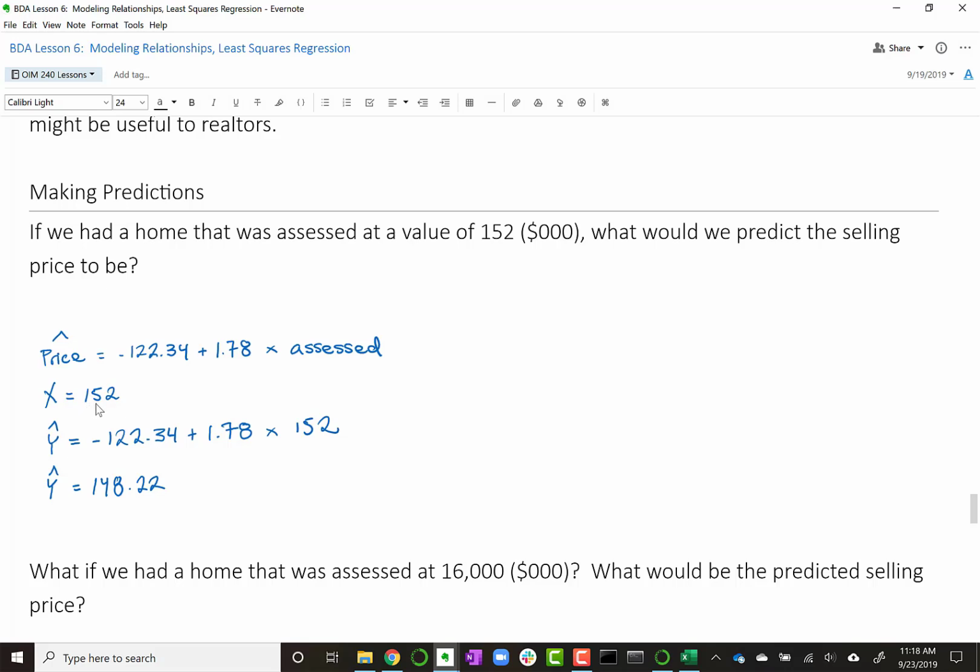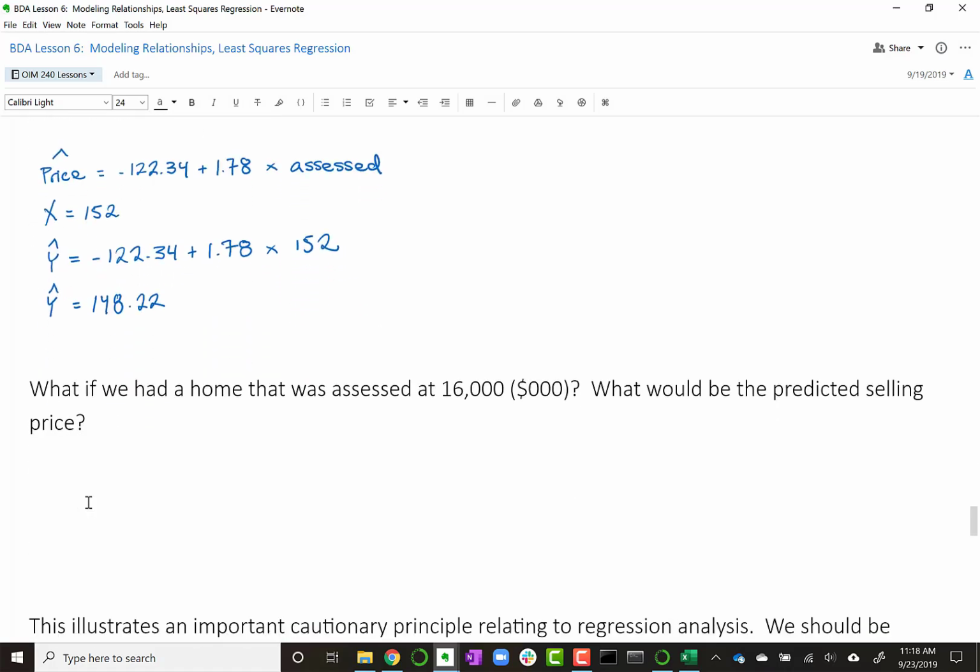And we have no observation for the selling price for this home because it hasn't happened yet. So let's predict it with the model. Calculating that out, we just plug in the 152 right here, and the predicted price is 148.22, and that's again in terms of thousands of dollars. So that's making predictions.